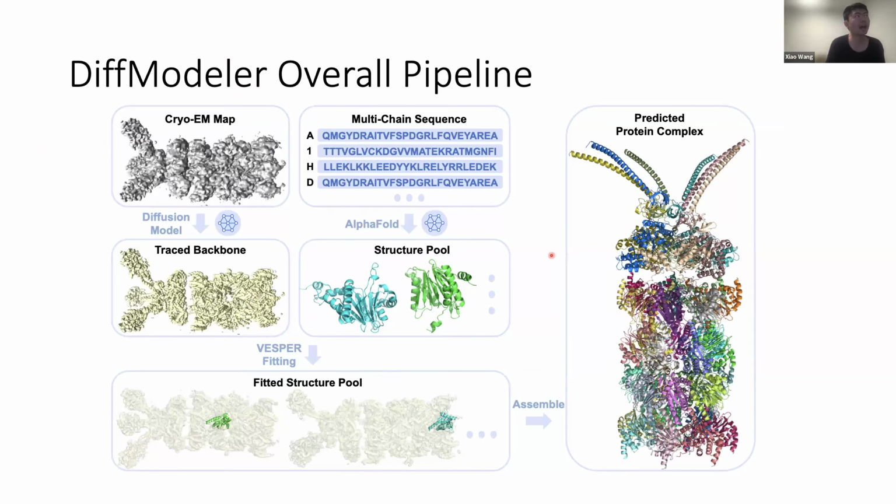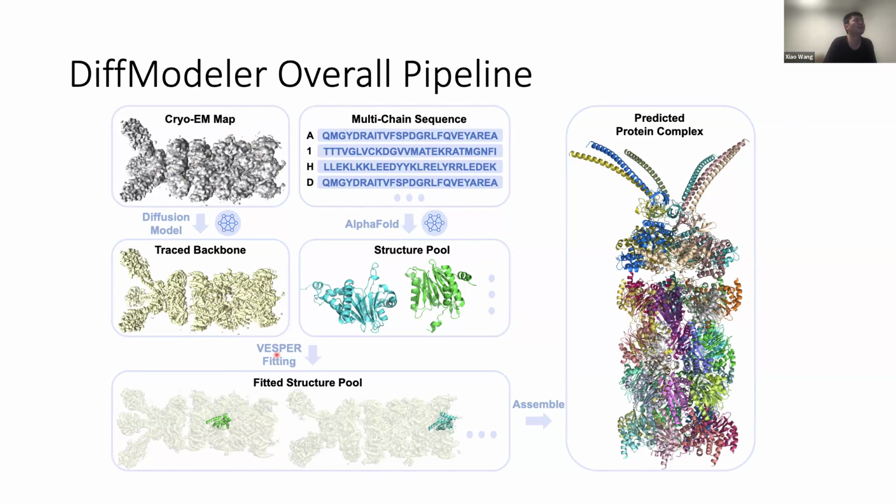And after that, I will describe DiffModeler, which focuses on how to combine AlphaFold-predicted single chain structures to model the protein complex from the EM map. So first, with our diffusion model, we will sharpen the CryoEM maps, which focuses on the backbones of the CryoEM maps, and we will take the multiple sequences into AlphaFold to get different AlphaFold-predicted single chain structures.